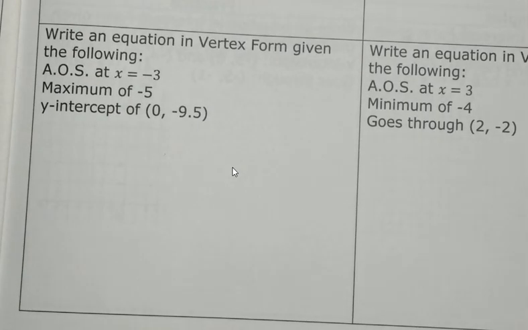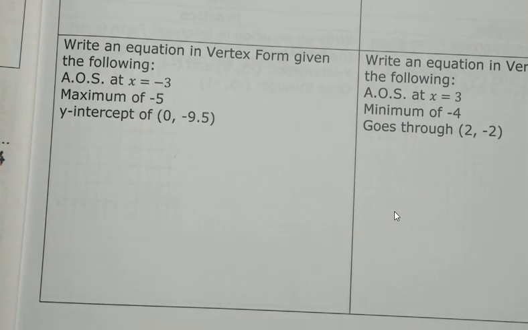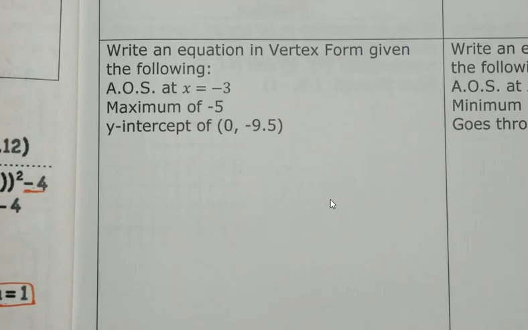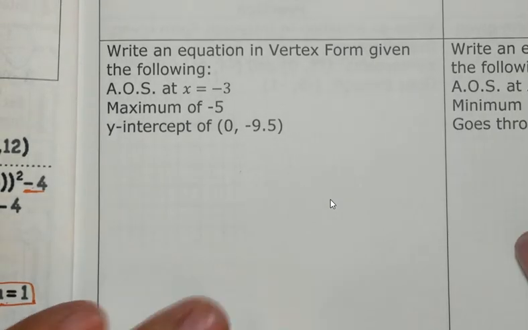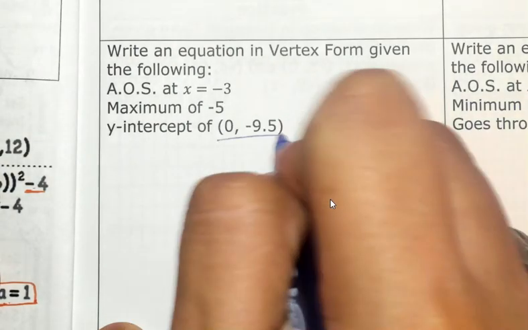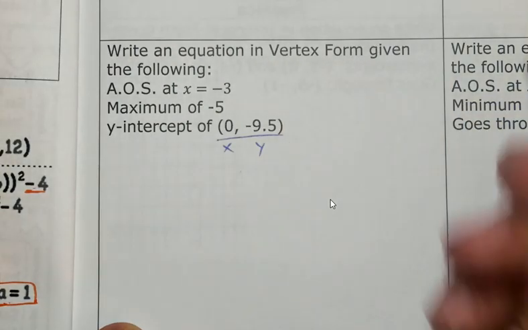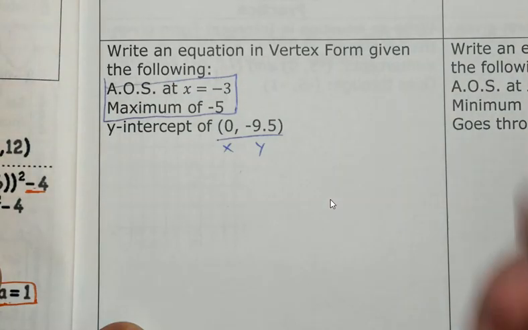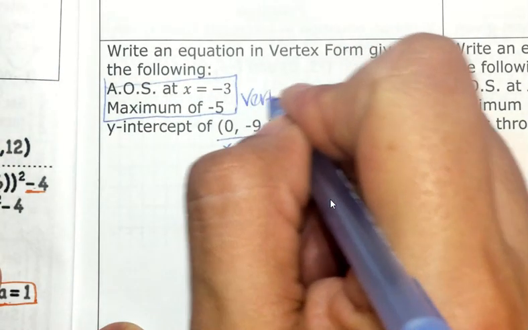All right, last problem here, we have an equation given the vertex form. And they give you the axis of symmetry, the maximum, and the y-intercept. So here we have a point, that's your x, that's your y. We could use this to annotate what the vertex is.